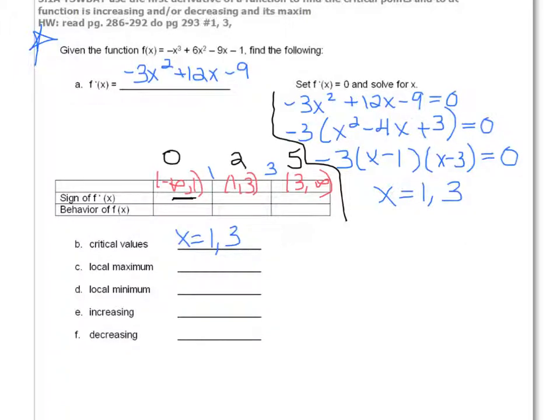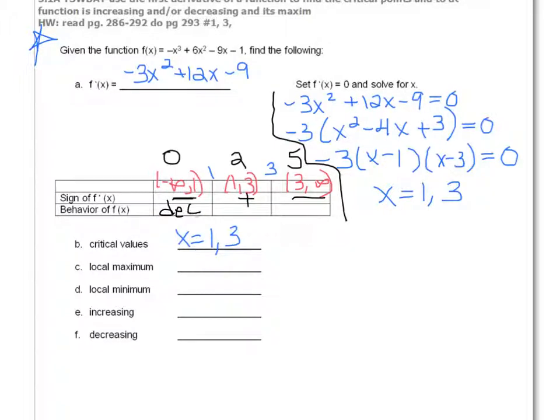When we plug in 2, I'm going to plug in 2 to the factored form, so that's negative times positive times negative, which negative times negative is a positive. And then lastly, when we plug in 5, it's going to be negative 3 times positive, which is negative.